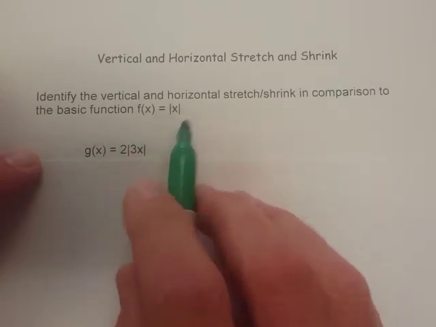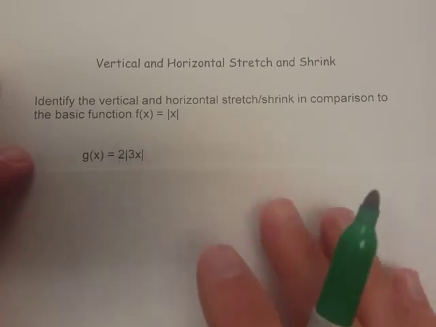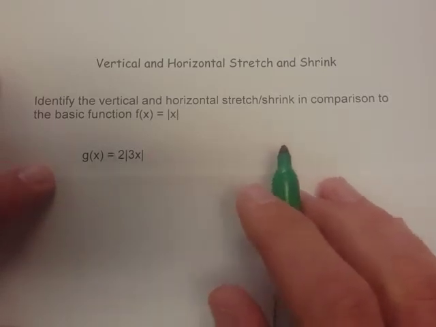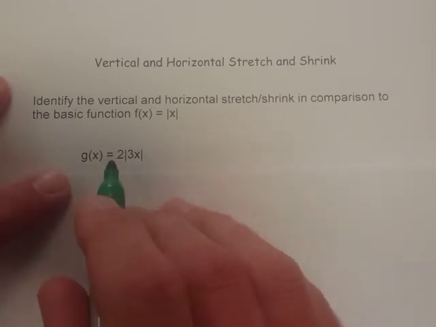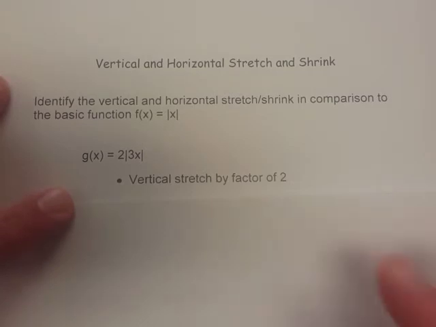So we've got absolute value of x. So each one of these we're going to be comparing what happens with vertical and horizontal stretch. And I kind of like to just do vertical stretch first just because it's easiest at this point. So the fact that we're multiplying by 2 means that we have a vertical stretch by a factor of 2.